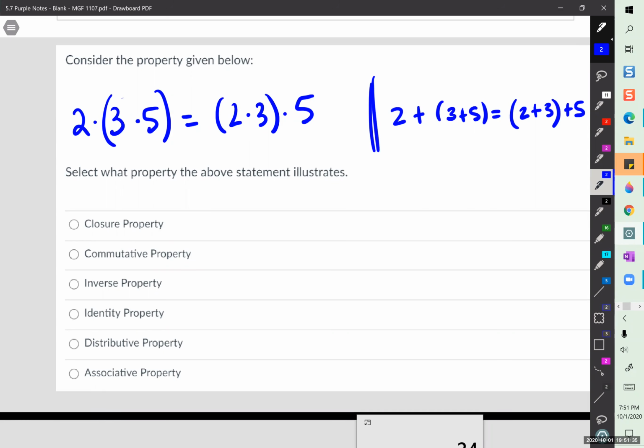Both of these are illustrating the same property. One is in addition, one is in multiplication. Correct, Kimberly? Well done.